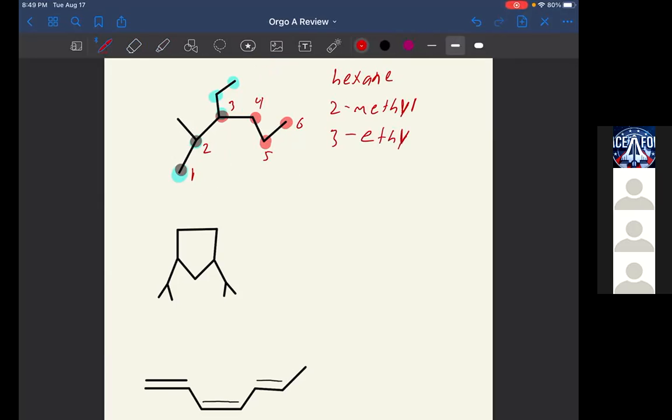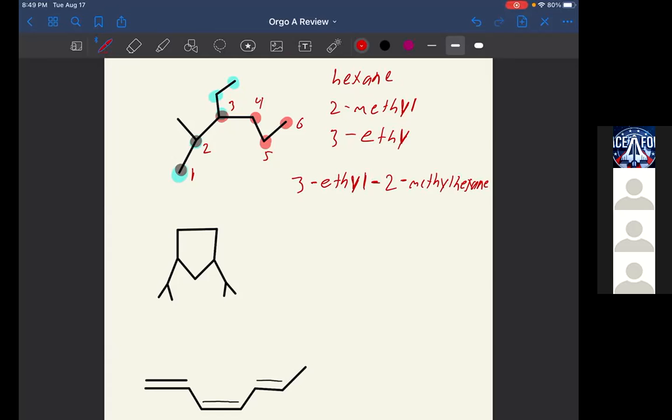And then for IUPAC rules, when you organize it, it goes in alphabetical order. So E comes before M. So it would be 3-ethyl, 2-methyl, hexane. That makes sense?